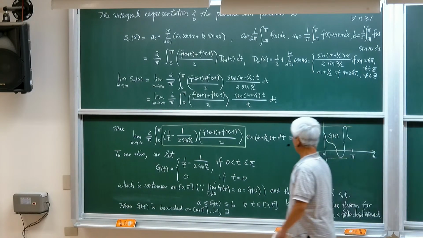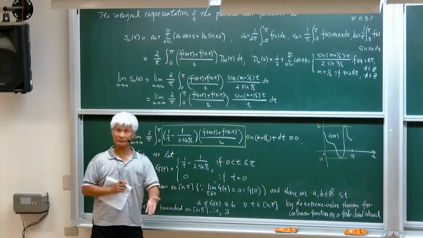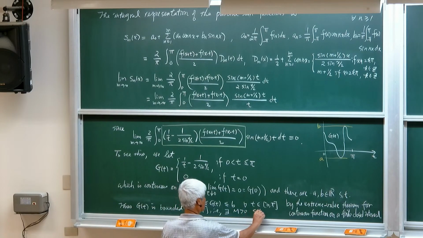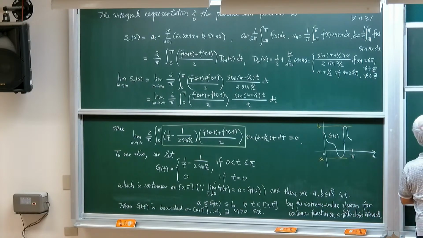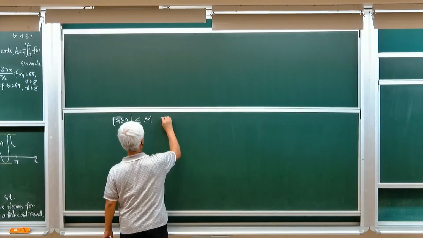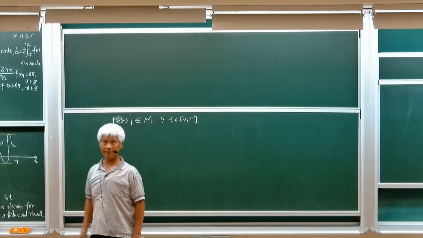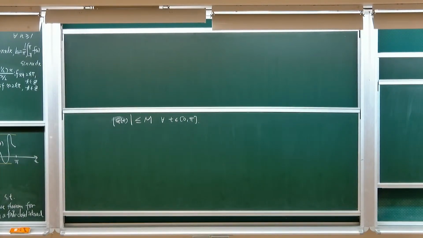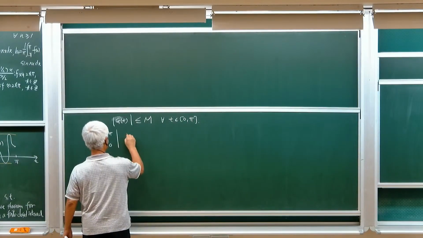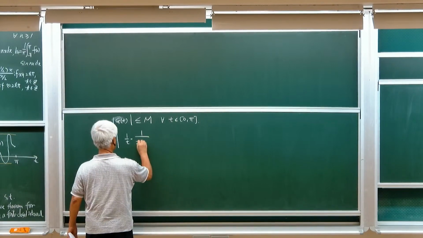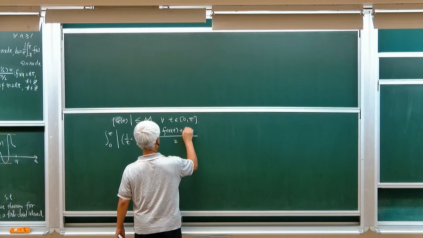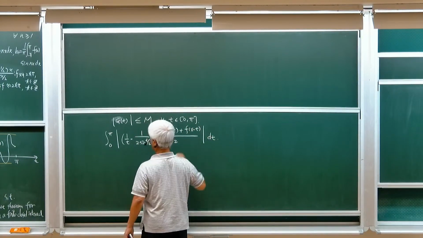Because A and B can be positive or negative, however, you know that it's bounded, which means that there is an N greater than 0 such that we take the absolute value of g of t, and it can be upper bounded by N for all t in [0, pi].